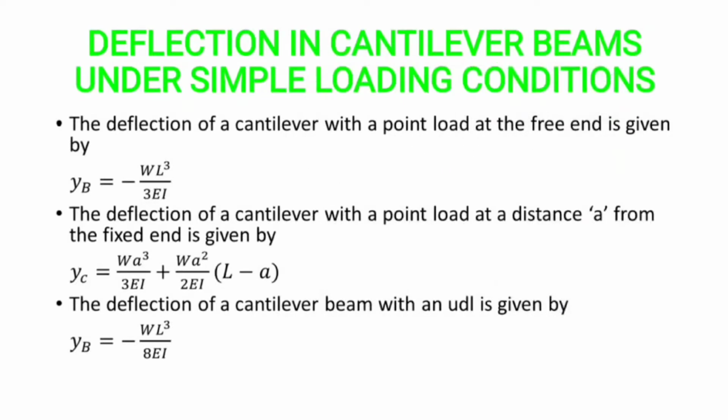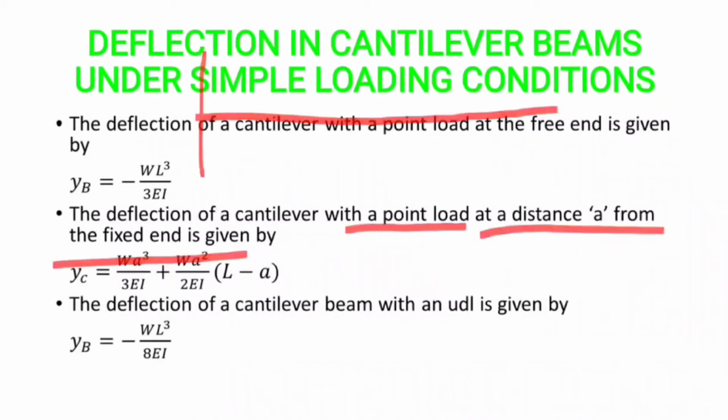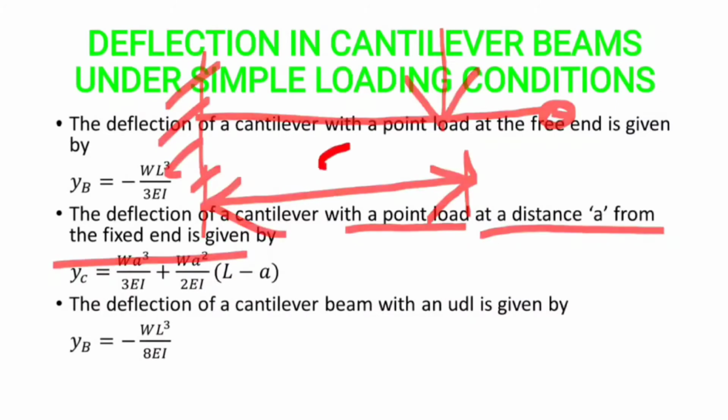Next case is the deflection of a cantilever with a point load at a distance A from the fixed end. That is, this is the fixed end, this is the free end. The load is acting at A distance from the fixed end.